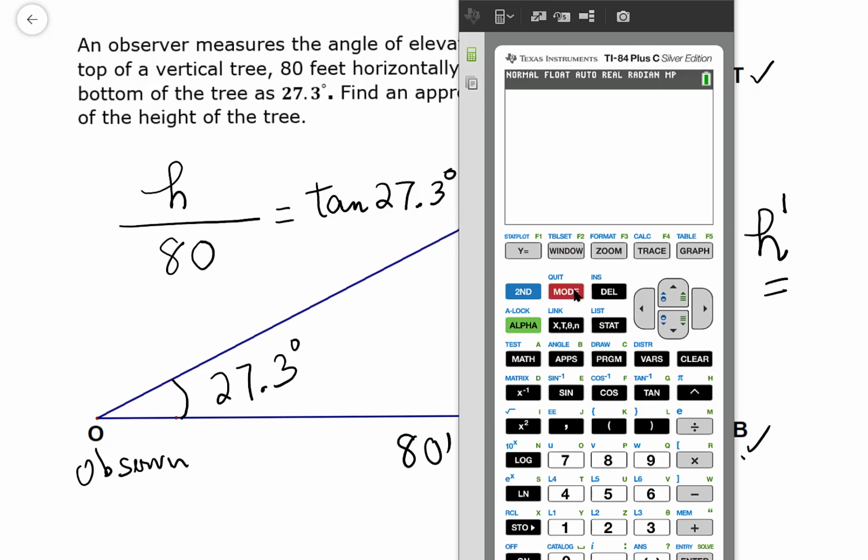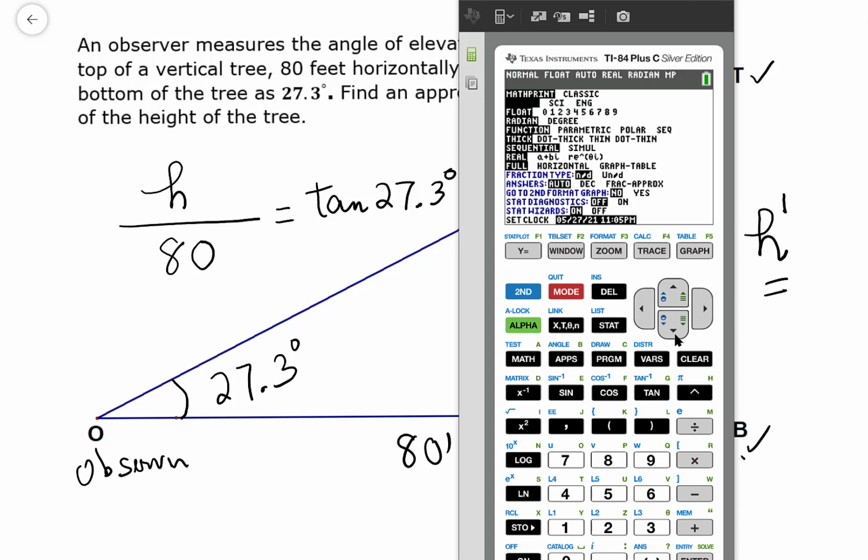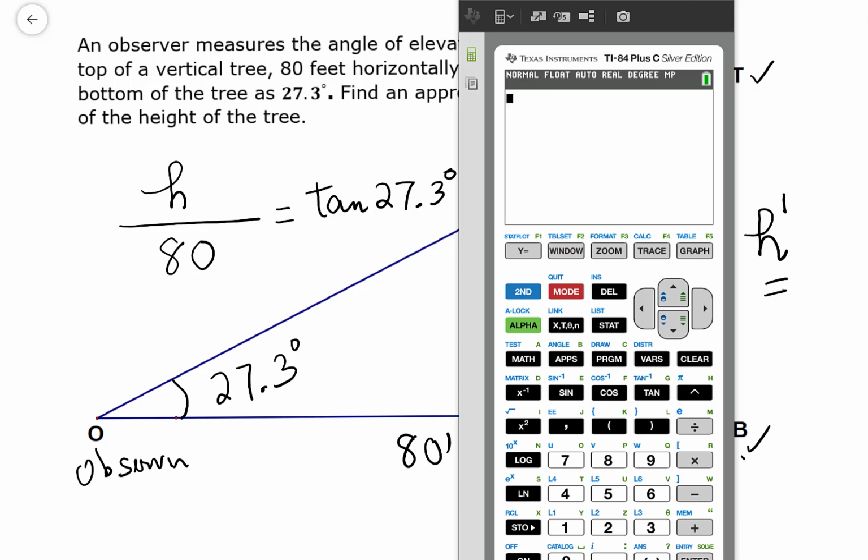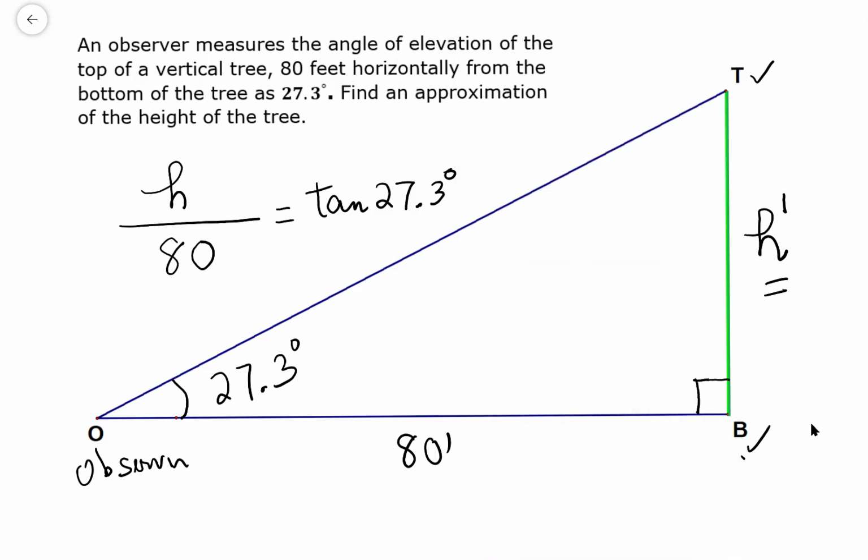So let's put the mode in degrees because right now it is in radians, which we will go over probably next week. Okay, so here we put that in degrees, and then what we want is tangent of 27.3 degrees, right? So that's simply 0.5161.